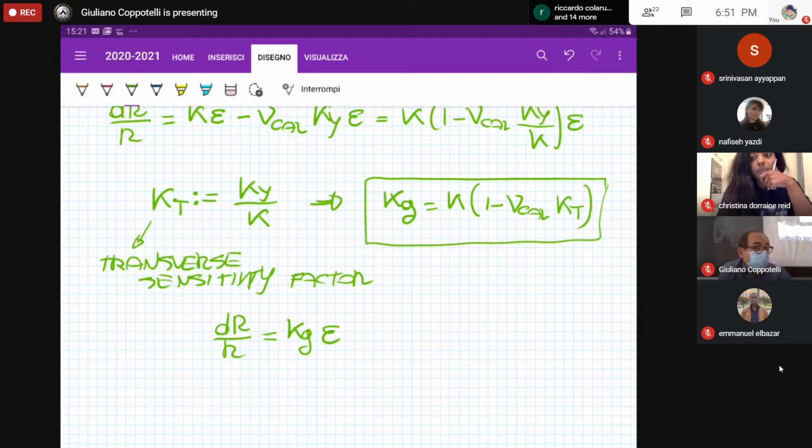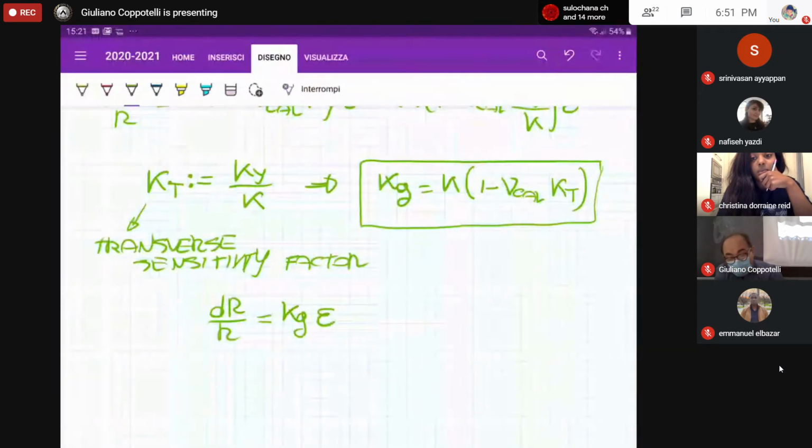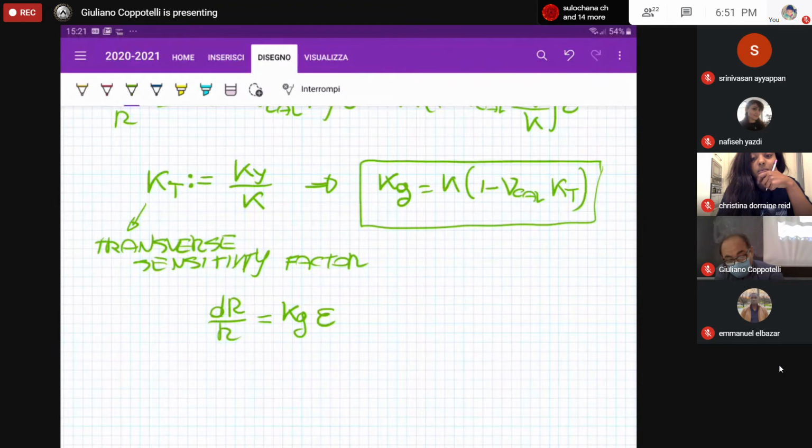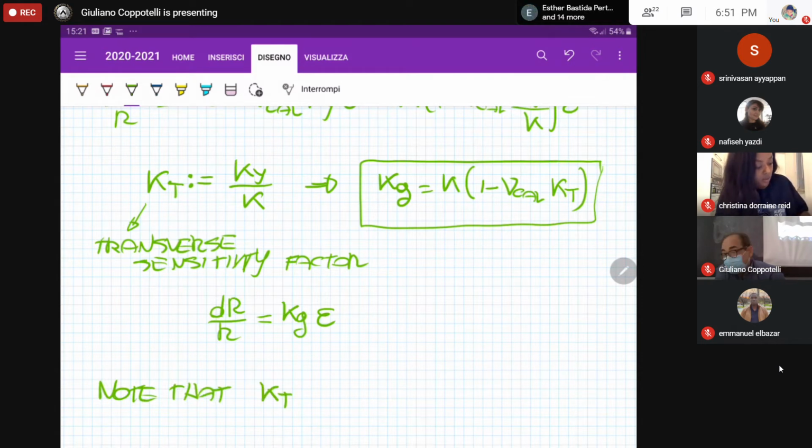By the way, I would like to mention the fact that the Kt is a very, very small quantity, actually. So what we can say is that Kt is bounded by, let's say, 10% of the gauge value.